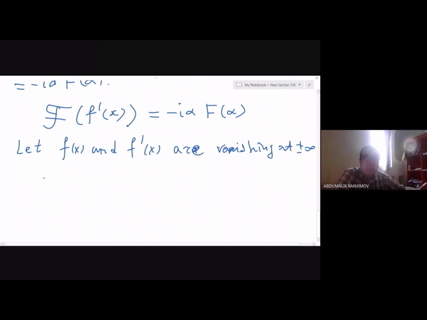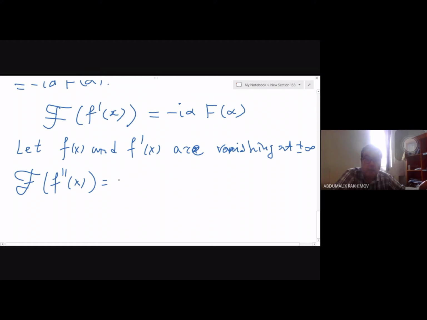Then, if you apply this to the second derivative, what will happen? Fourier transformation of the second derivative. When Fourier transformation is killing one derivative, it gives the Fourier transformation of the function, right? The second derivative is the derivative of the first derivative.